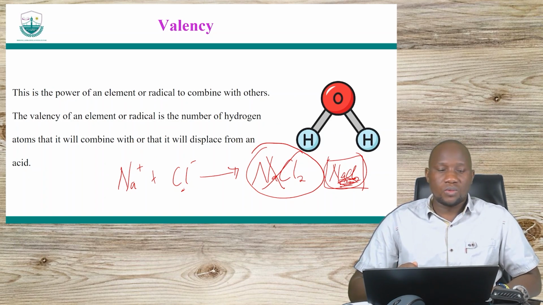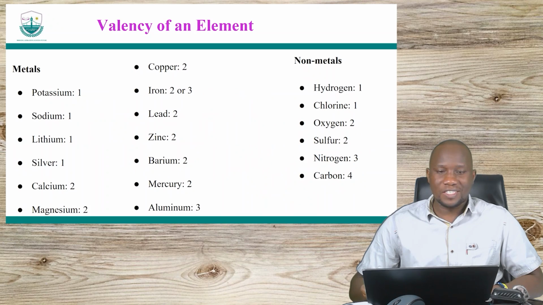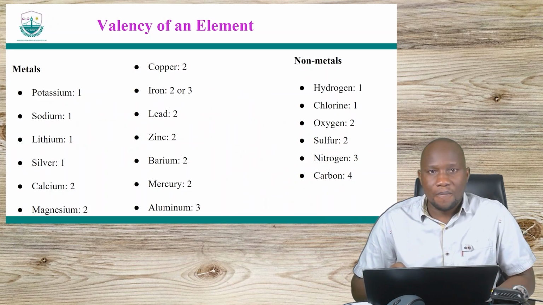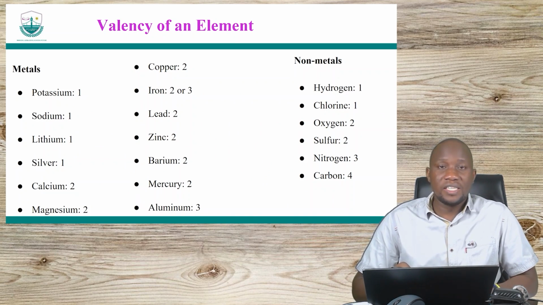So we can also say it's the number of hydrogen atoms that an element can combine with or even displace from an acid. So that is what we call a valence. Let's go deeper into understanding what valences are. Each element has a valence.